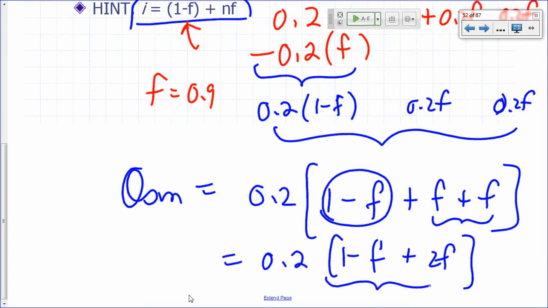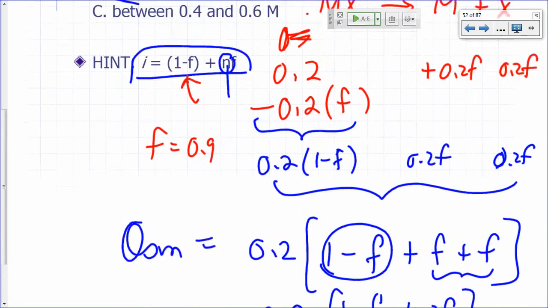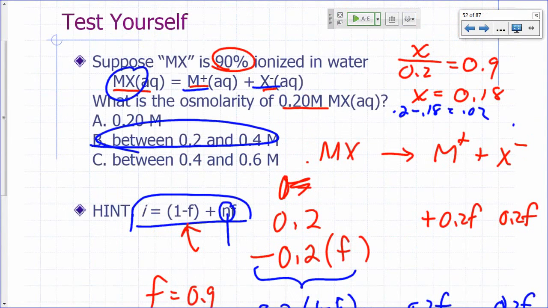This is your i. That's your Van 't Hoff factor. The n here is the number of particles that each one will break up into. So MX breaks up into two particles, so that n is equal to 2. And f is the fraction of the molecules that are broken up.